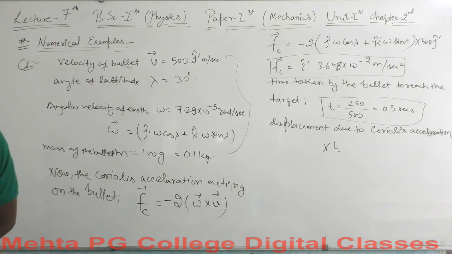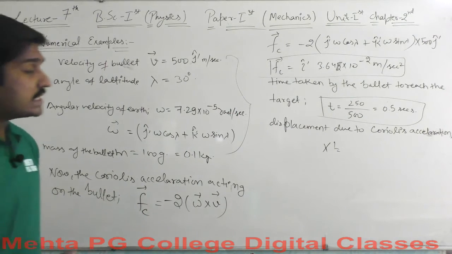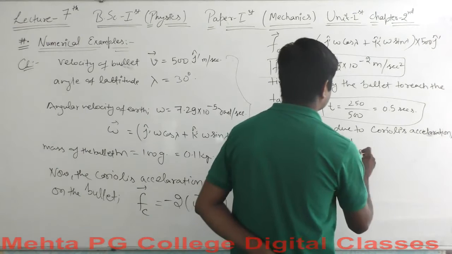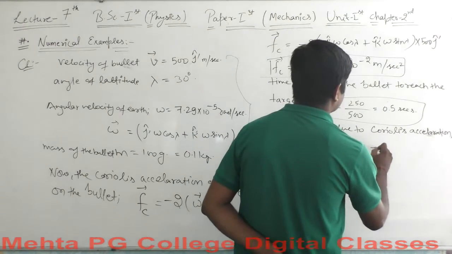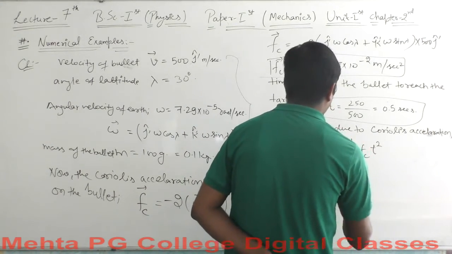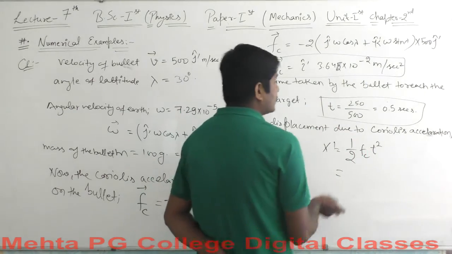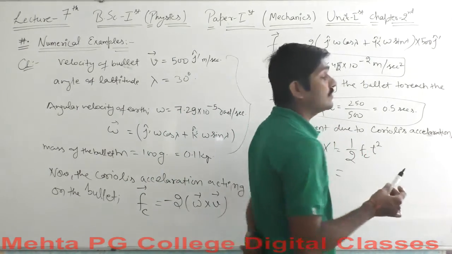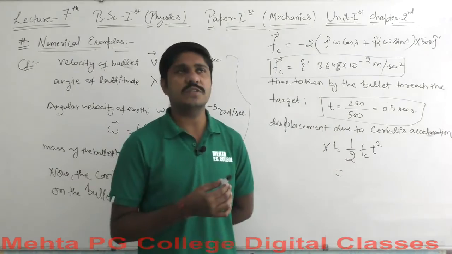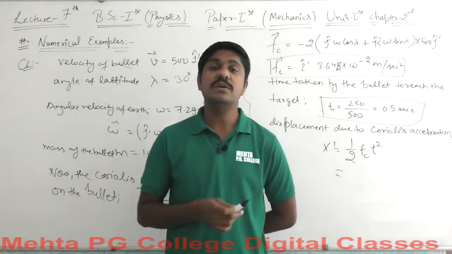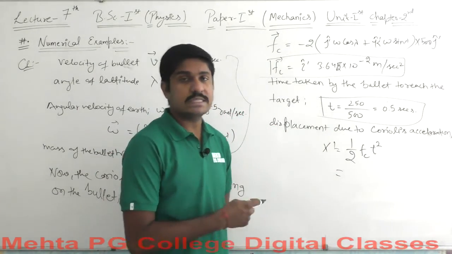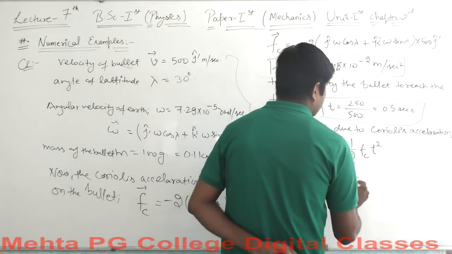That is equal to half fc t square. We solved all these formulas in the previous lectures, lecture 5th and 4th. So we got all these results there. This is 1 by 2.